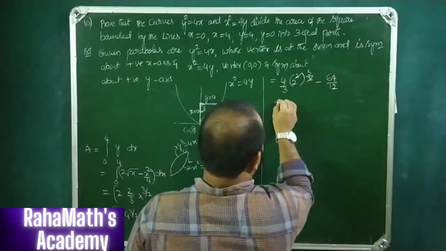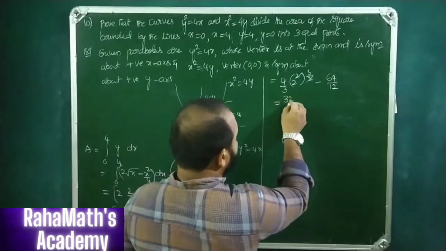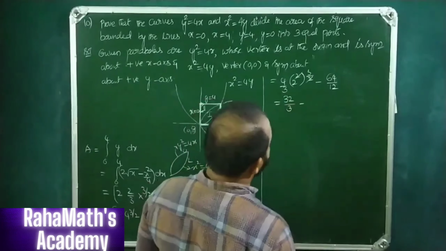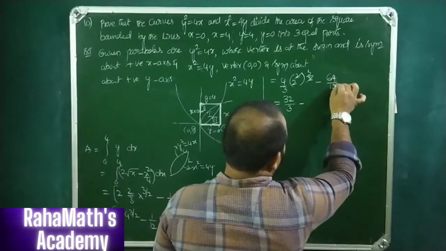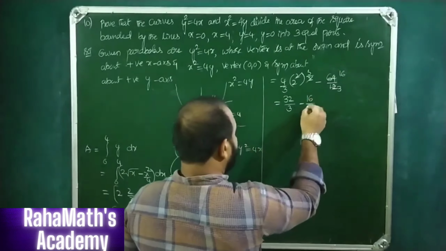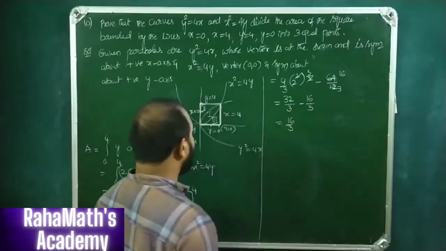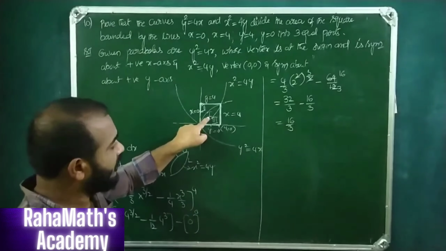Square root gets cancelled. 2 cube 8, 8 4s are 32 by 3 minus 64, 4 3s 4 16s, 16 by 3. So 32 minus 16 by 3, which is 16 by 3. So this is equal to 16 by 3.